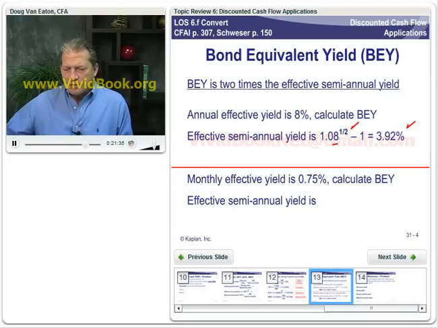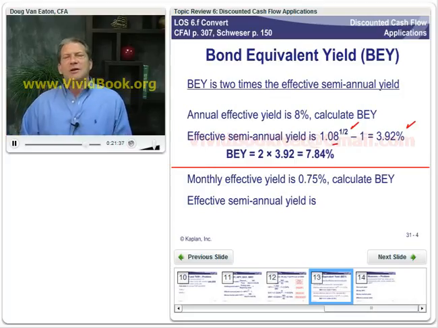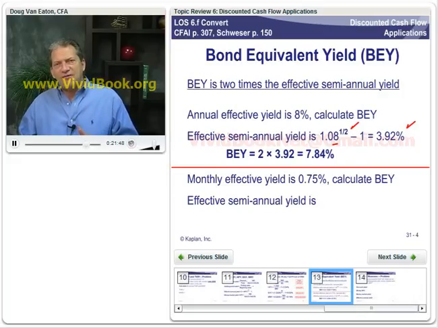Perhaps it would help a little if I explain that bonds mostly pay semi-annually. So if you've got a 5% bond, it's really paying you 2.5% every 6 months. So 2.5% every 6 months is your effective rate on a 6-month basis. 5% is 2 times that.